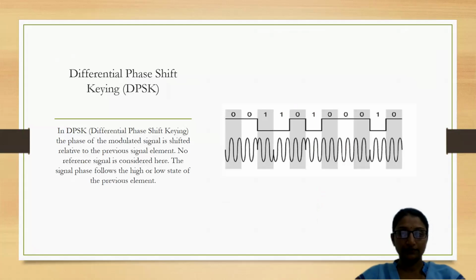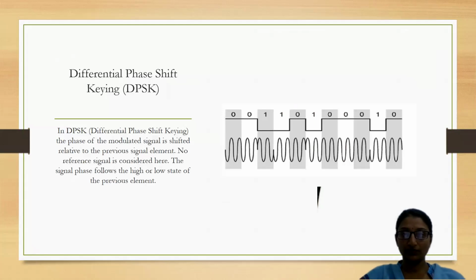Here you can observe, when both the bits are 0, 0, there is no phase shift. And whenever you are observing a message signal which has shifted from 0 to 1, there is a phase reversal. And again, you have a combination of 1, again one more phase reversal.